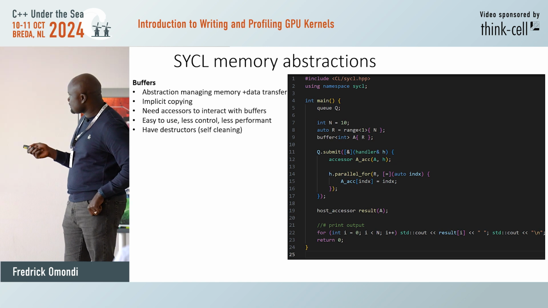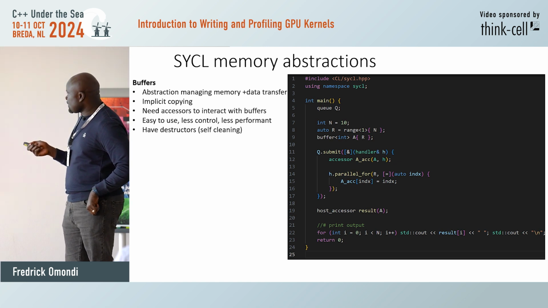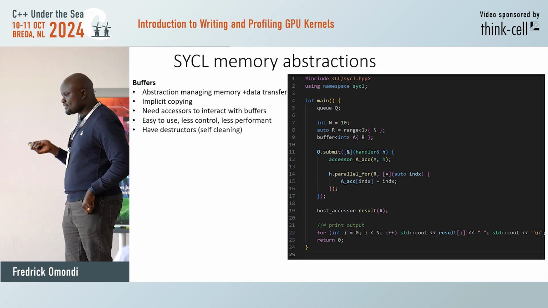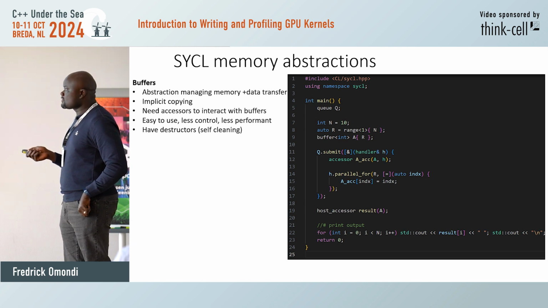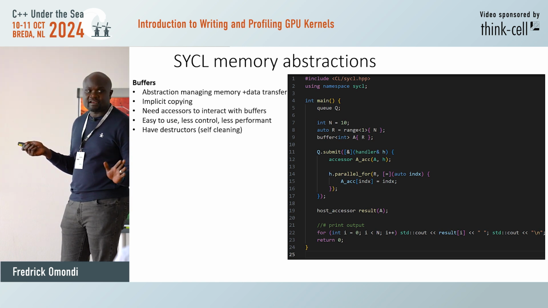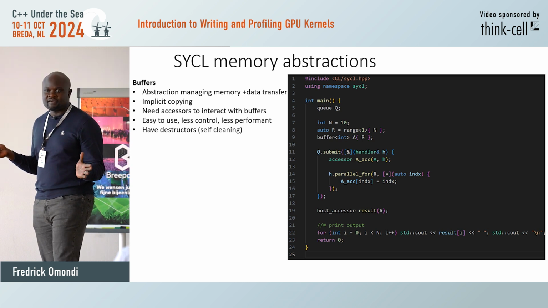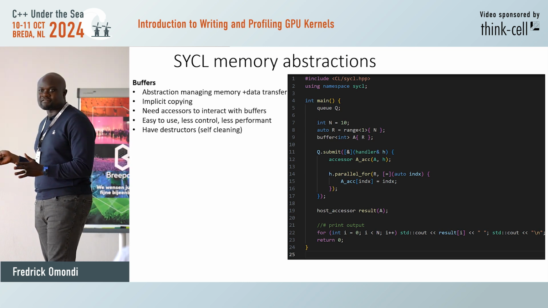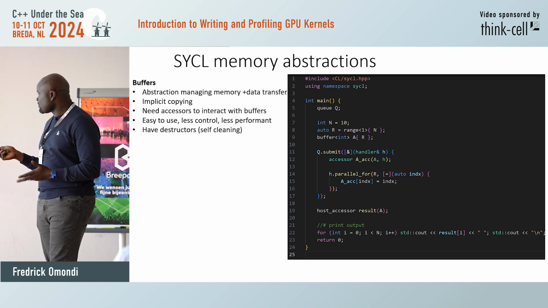In this case, you will always need an accessor to interact with a buffer. That makes the code lengthy, which I don't like either. For example, if you have 5 buffers, it means you must have another 5 accessors. And this grows, which can be avoided.